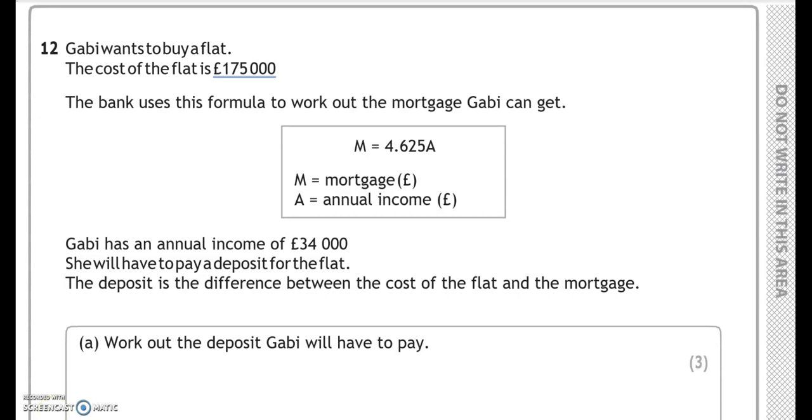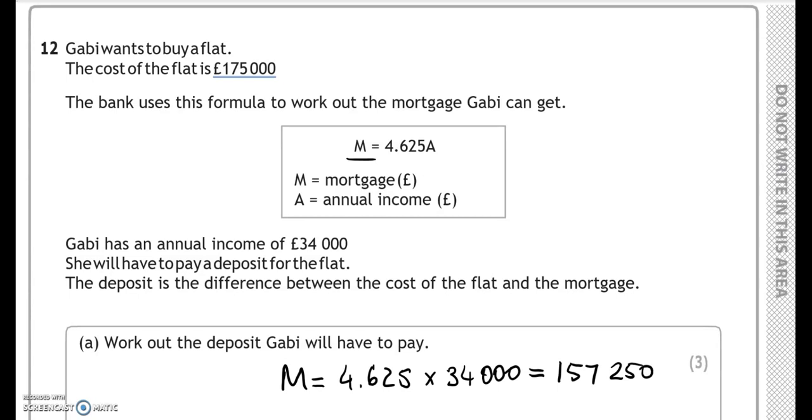So let's work out the mortgage first. So we've got M is equal to 4.625 times A, which is the annual income, and in this case that is 34,000, and this is equal to 157,250.